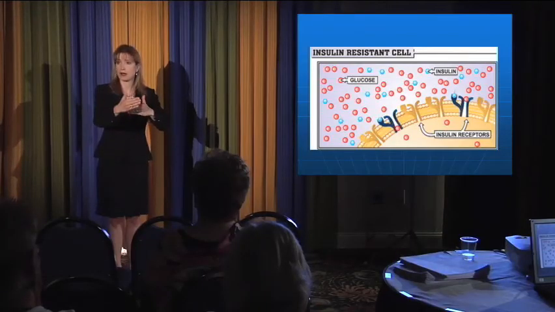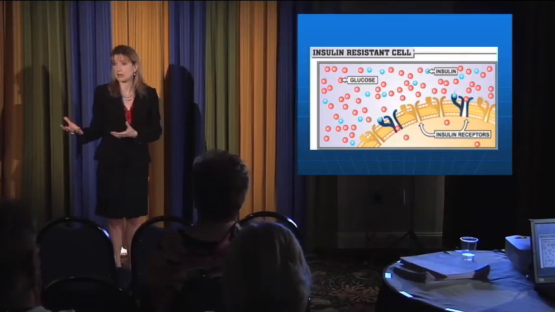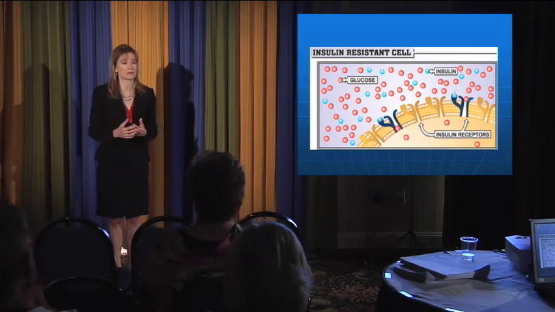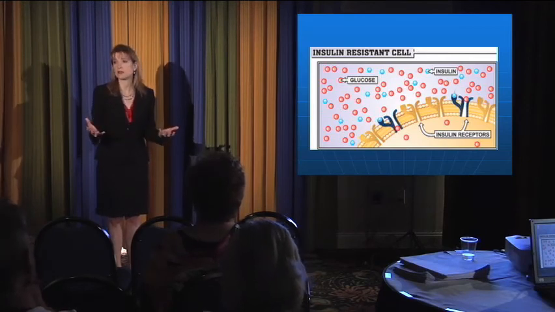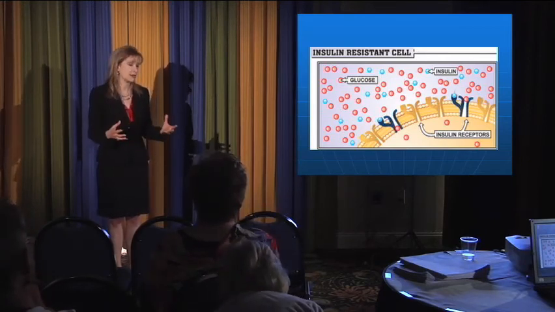And unfortunately, more of it is stored in the abdominal area, so the area around the liver, which is more metabolically active, and it just makes this problem actually get worse and worse. When you are insulin resistant, it's easier to become more insulin resistant, and so on, eventually getting diabetes, which is an extreme form of insulin resistance. But unfortunately, in our country, it's very, very common, and it's very common as you get older.